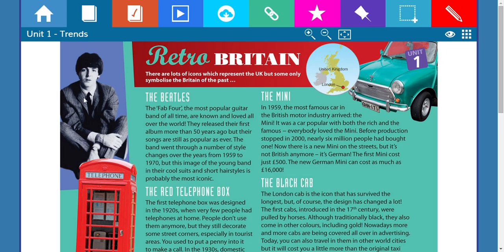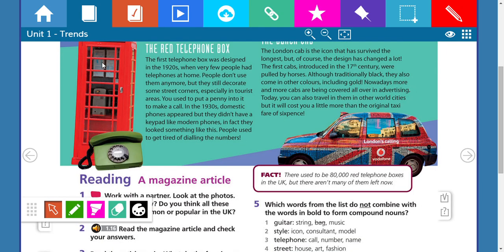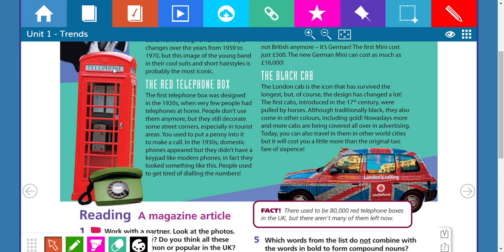Yes. And do you know this car? This green one? Yes? No. What about this box? It says telephone. It's in red. And there is another one in green. And also, there is a car. London's calling.